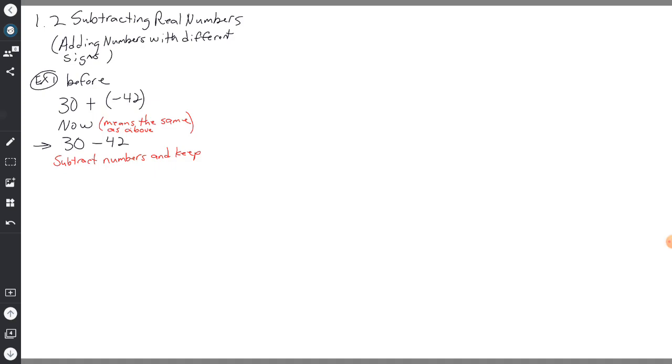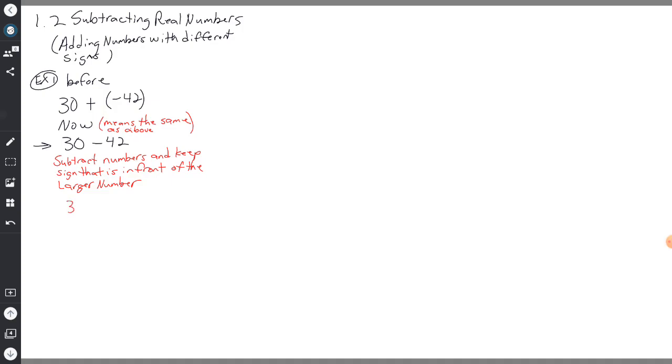Subtract the numbers and keep the sign in front of the larger number. So it's the same thing that we were doing, it just looks different.